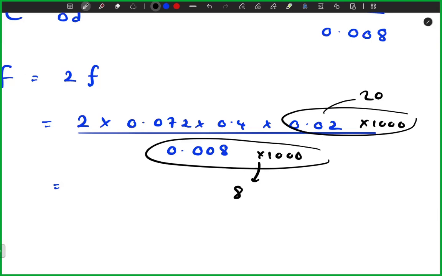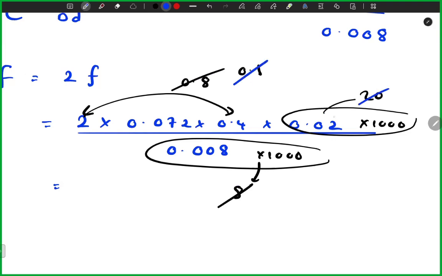Now you see, 2 times 0.4 is 0.8. This 0.8 and 8 can be cancelled off. 0.1. 0.1 times 20 is 2.